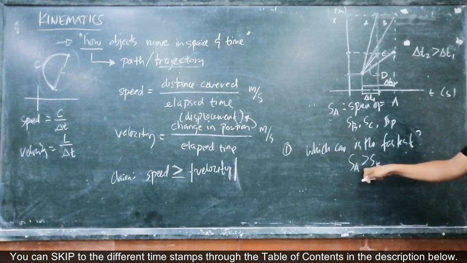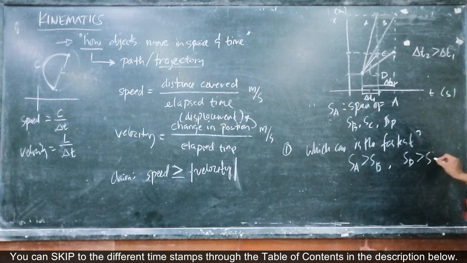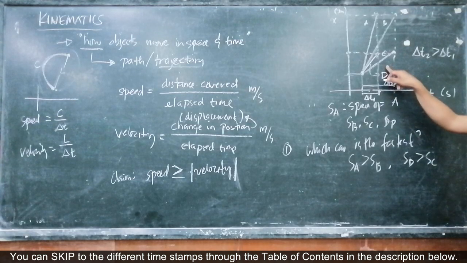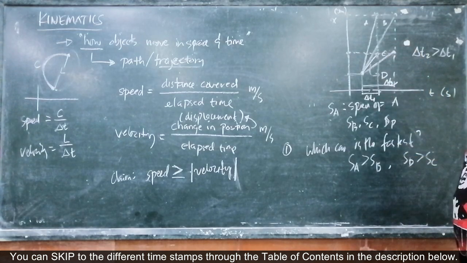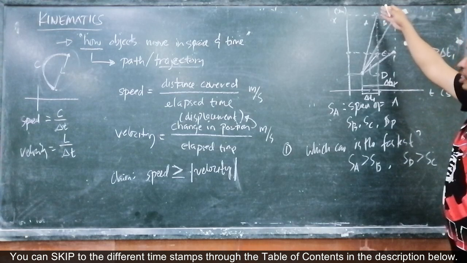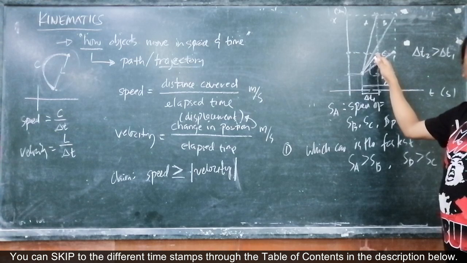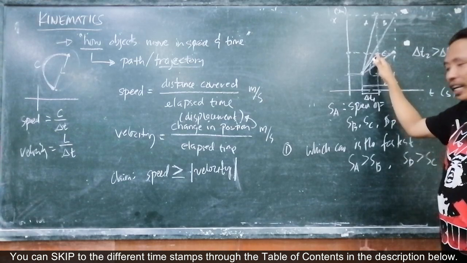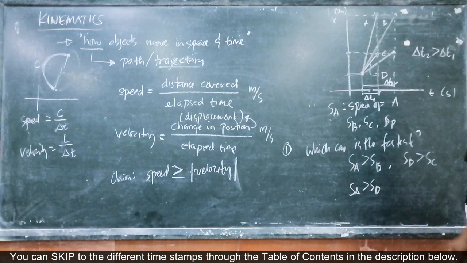We can now see that A is faster than B. Also, we know that SD is greater than SC, right? Car D travels much faster than C. How about A and D? A certainly travels faster than D. Although they have the same elapsed time, A has a greater distance. So we can say also that SA is greater than SD.